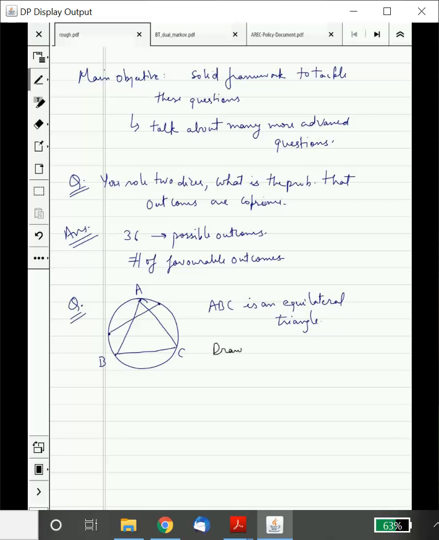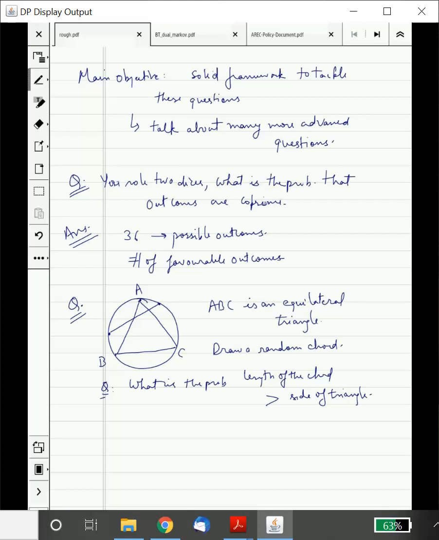So you pick a random chord inside the circle, and the question is, what is the probability that the length of the chord, the one which you have picked, is more than the side of the triangle, right? So you have length of AB, BC, CA, all of them are equal. So you want the probability when you pick a random chord that the length of the chord is more than the side of the triangle. You might want to give it a try.